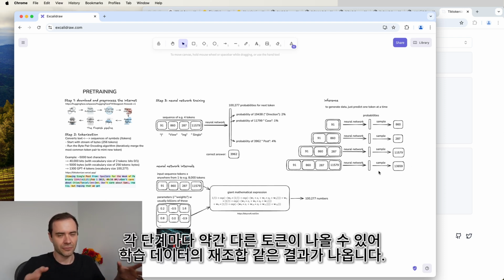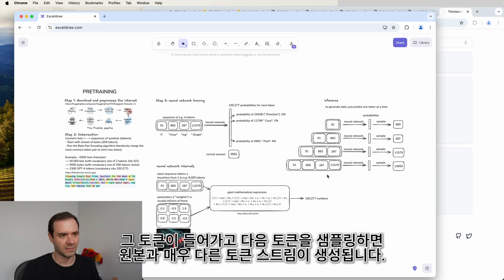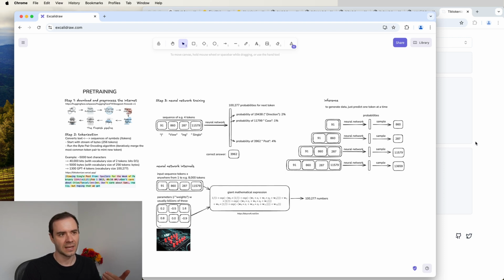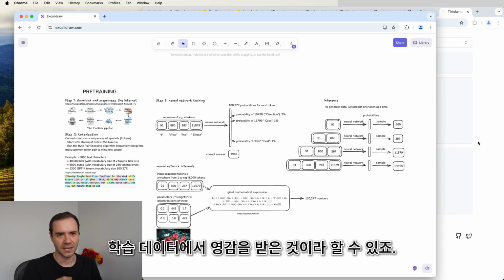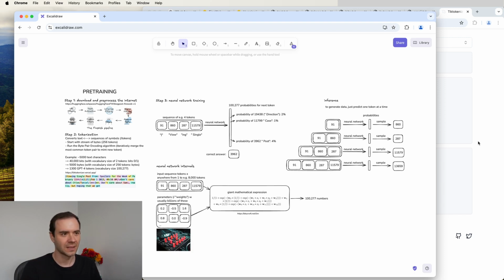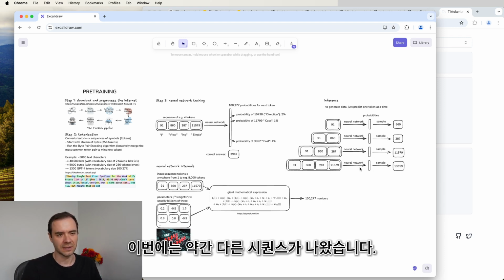So we're going to get sort of remixes of the data that we saw in the training, because at every step of the way, we can flip and get a slightly different token. And then once that token makes it in, if you sample the next one and so on, you very quickly start to generate token streams that are very different from the token streams that occur in the training documents. So statistically, they will have similar properties, but they are not identical to your training data. They're kind of like inspired by the training data. And so in this case, we got a slightly different sequence.